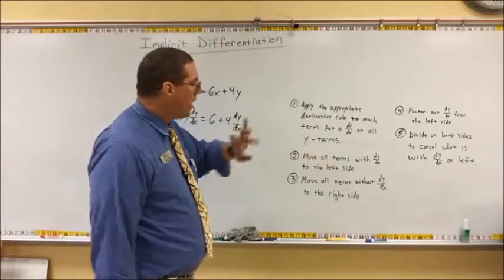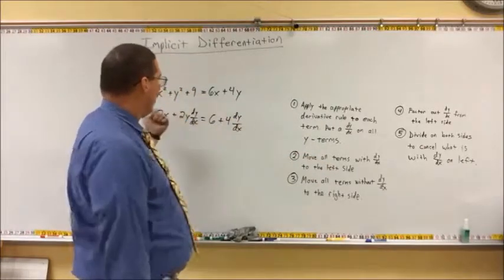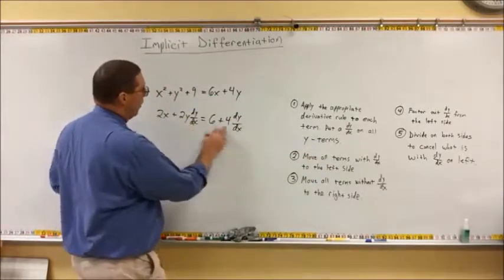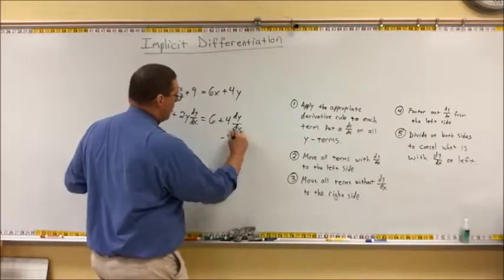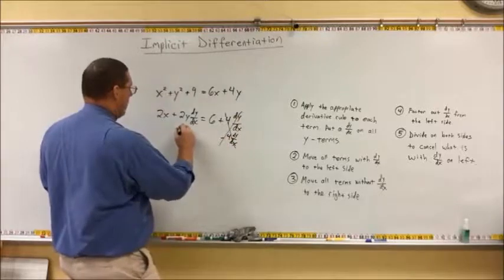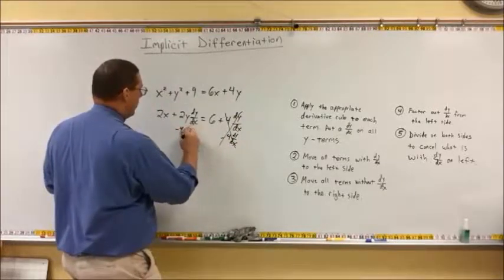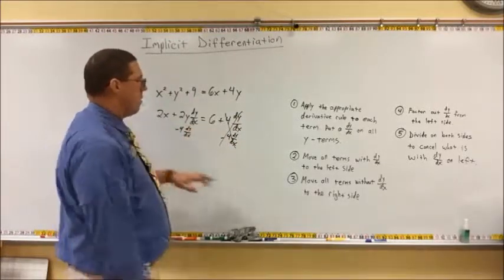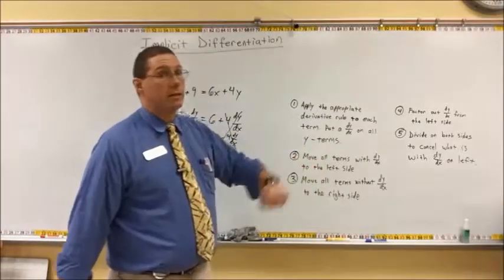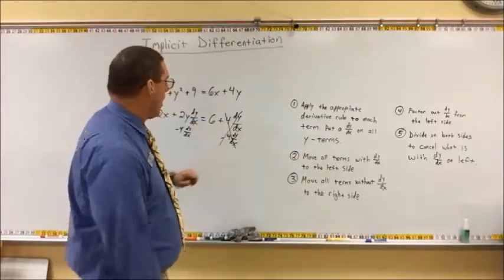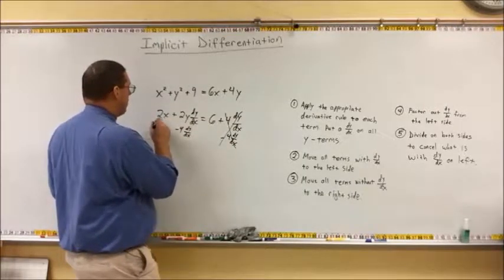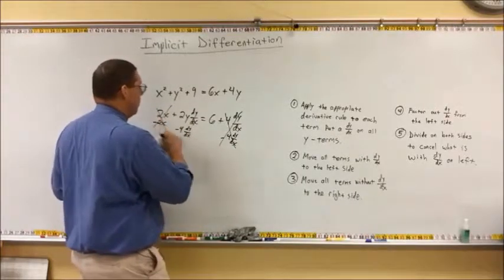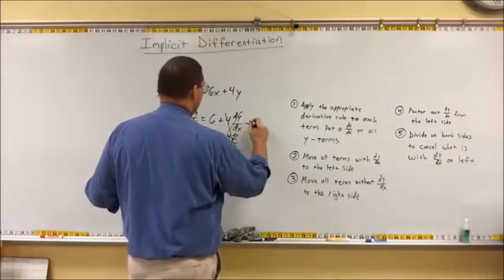Now we're going to go to step 2: move all terms with a dy/dx over to the left side. Well, this one's already on the left, so we just go minus 4 dy/dx on this side and minus 4 dy/dx on this side. Okay? Step 3, move all terms without a dy/dx to the right side. Well, this one's already on the right side. This one over here doesn't have a dy/dx, so we're going to subtract 2x here and subtract 2x here.